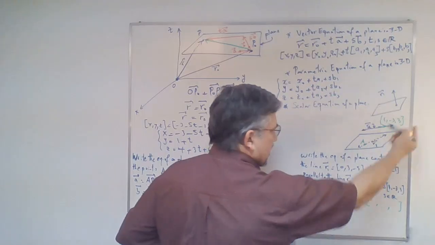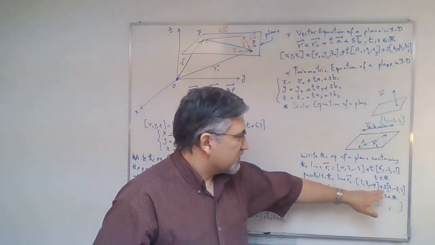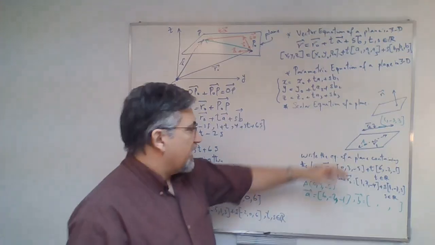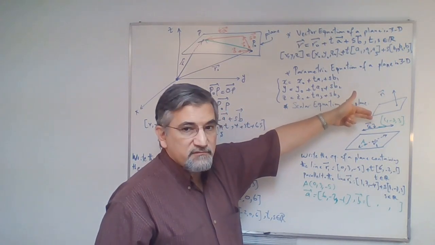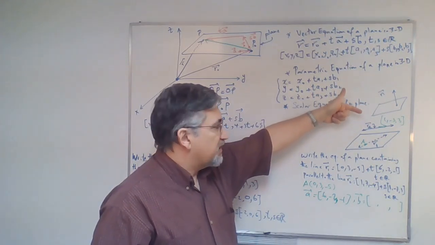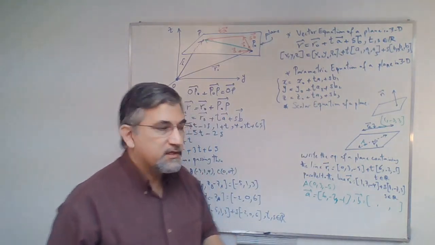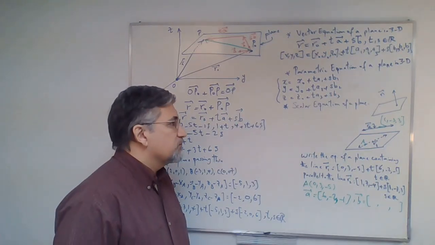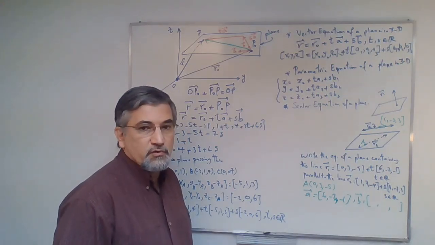So this is basically the direction vector of the line parallel to the plane, okay? And that vector would have a vector parallel to itself, but on the plane, and it would have the same coordinates, or a multiple of those coordinates.